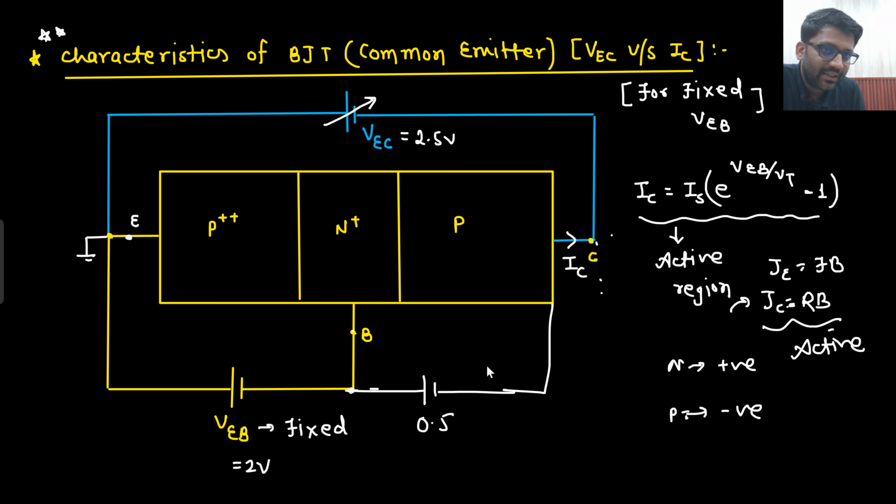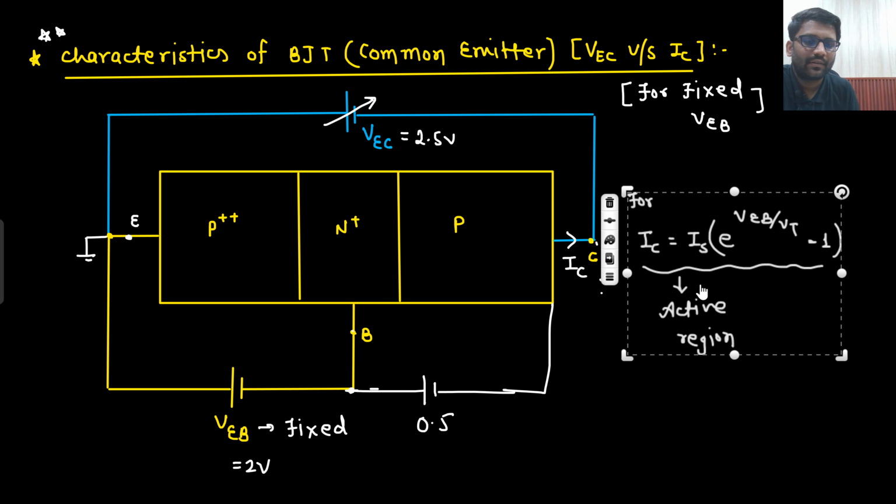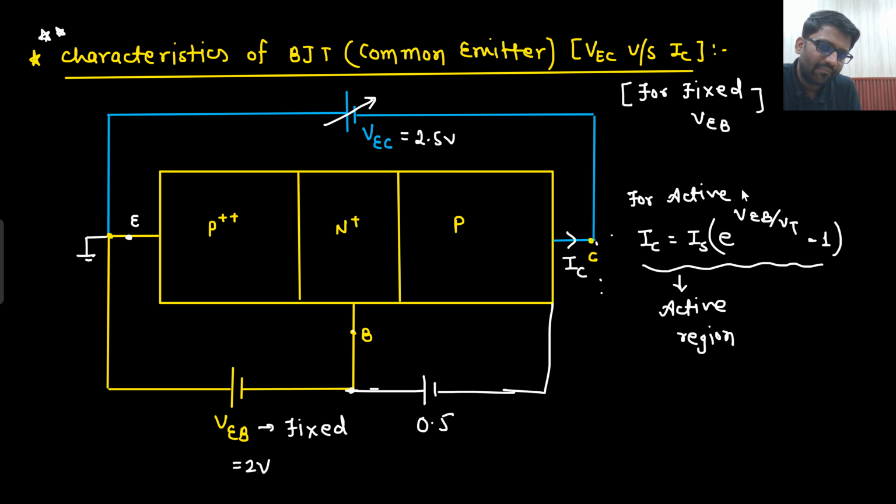So if VEB is fixed in active region, then IC is fixed.